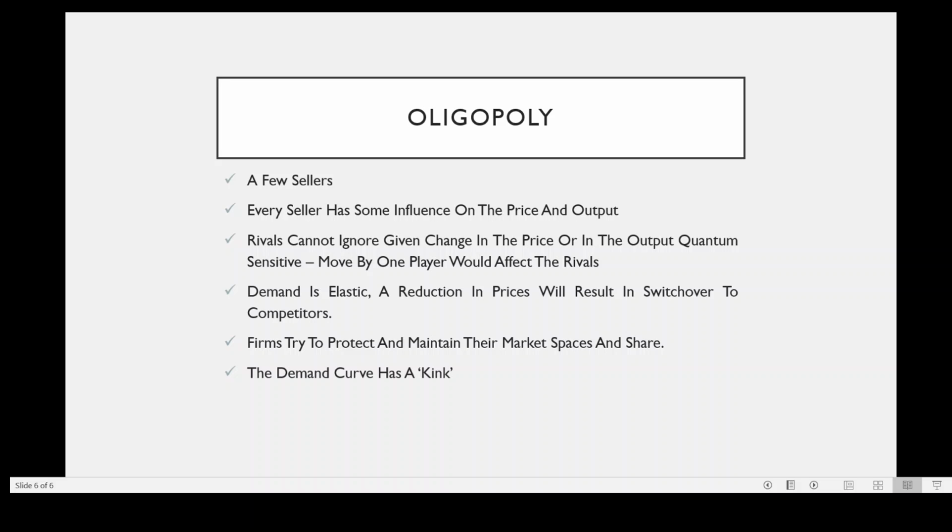But rivals cannot ignore, because a move by one player either on the quantum or on the price will affect the rivals, and therefore the rivals are aware of this. Demand is elastic. If there is a reduction in the prices by any one player in the market, there could be a switchover of the customers to this competitor who has reduced the price.